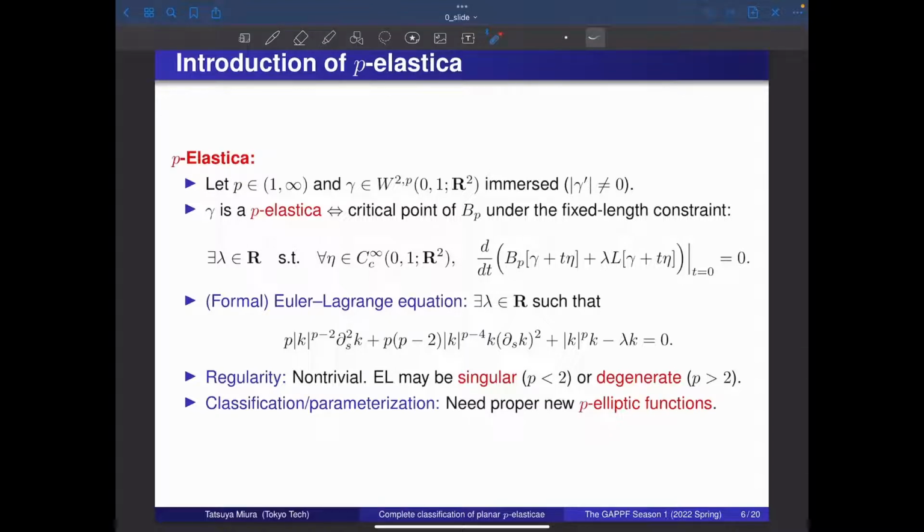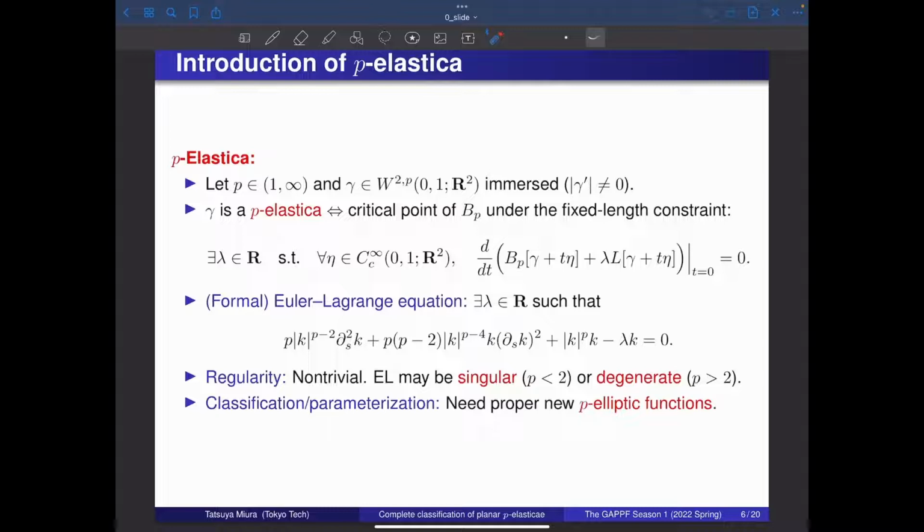Okay, so up to here, I have emphasized the rigorous definition of the p-elastica, and also what is the main difference from the classical case. Now I want to say something about what is known about p-elastica.